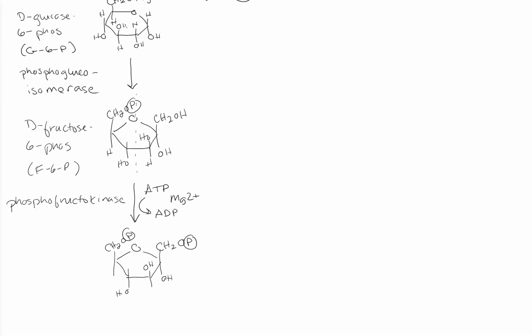And now the first carbon and 6th carbon are phosphorylated. And this is D-fructose 1,6-bisphosphate, which is also known as FBP, fructose bisphosphate.